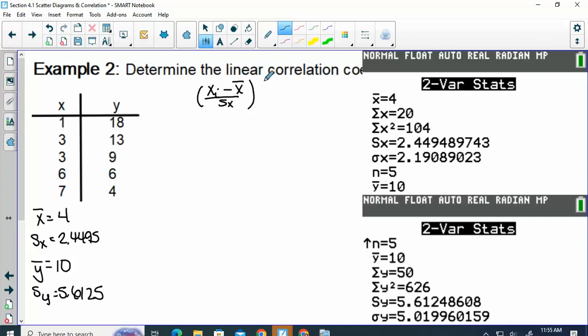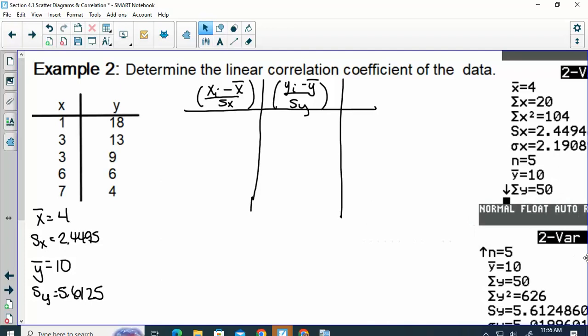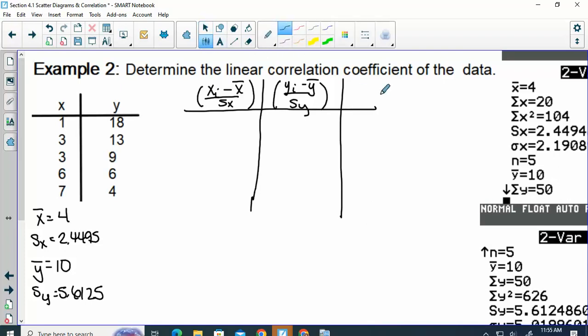Let's go ahead and set up a table. For each of these, we have to do some calculations, and then we're going to multiply those together.